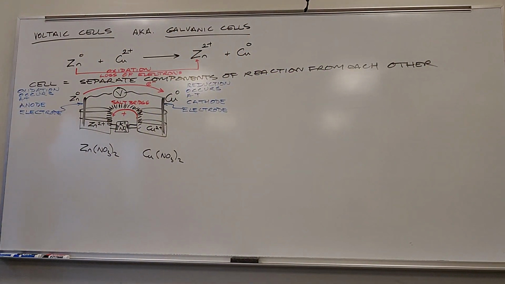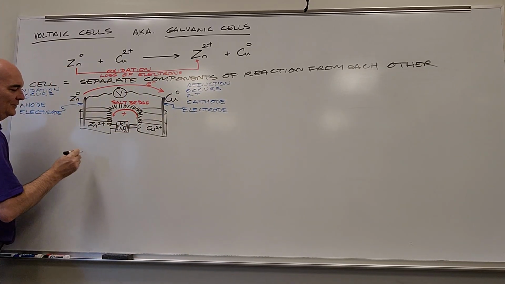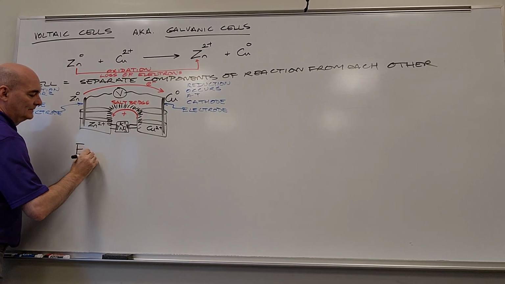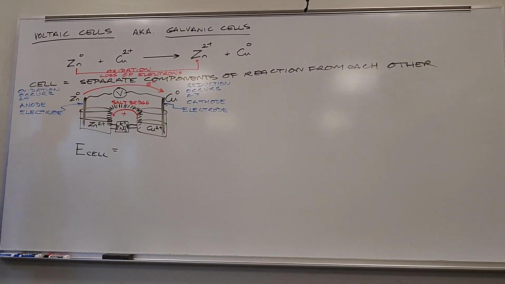Because the amount of electricity, the amount of potential difference, voltage, that this generates is equal to the reduction potential of one of those numbers, subtract the other one. And you have to know which order.